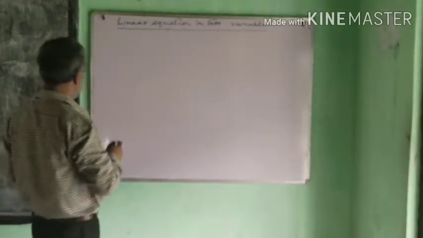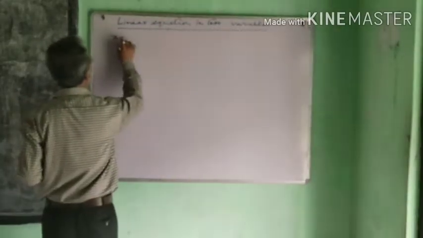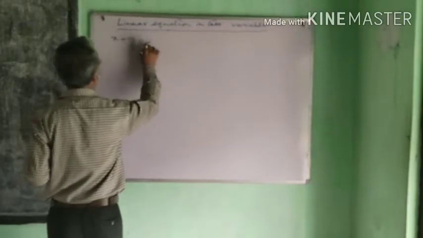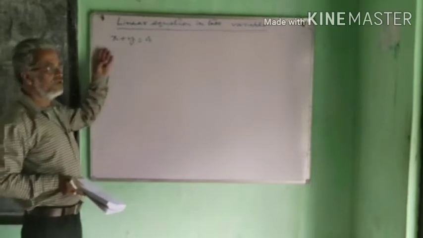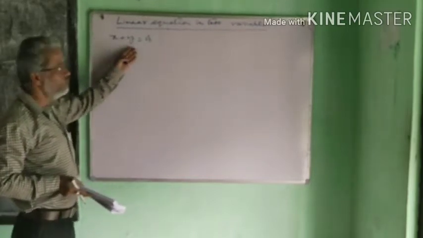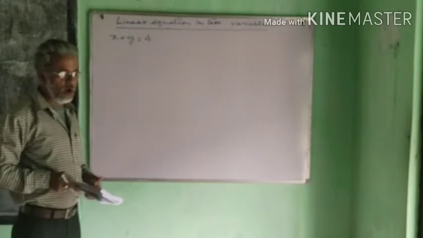Suppose there is an equation x plus y is equal to 4. You can see clearly there are two variables, x and y.